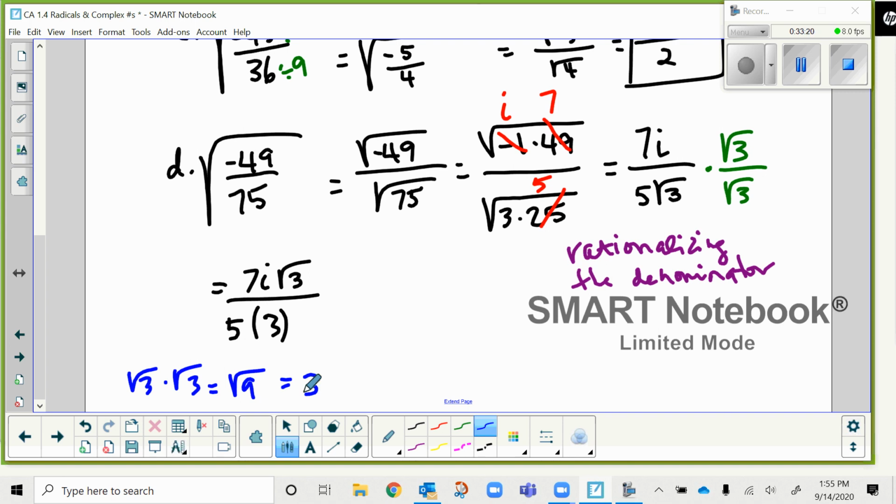You multiply those things inside. But you might have forgotten that, and you're probably just used to thinking the radicals cancel each other out, and they just leave you 3, which is true, but that's why. And then I have, for my final answer, 7i radical 3 over 15.